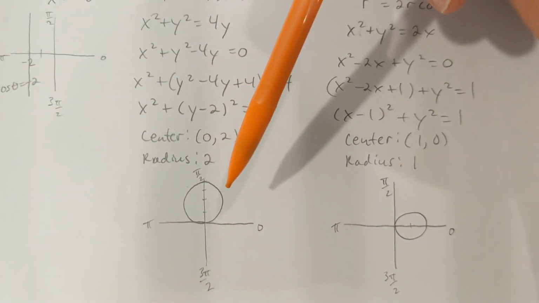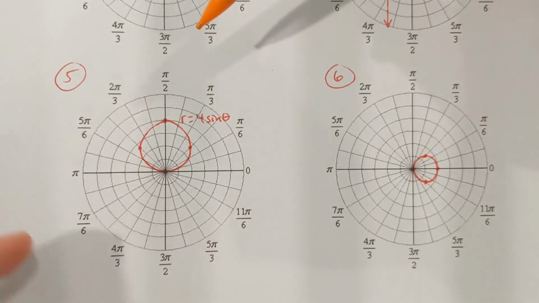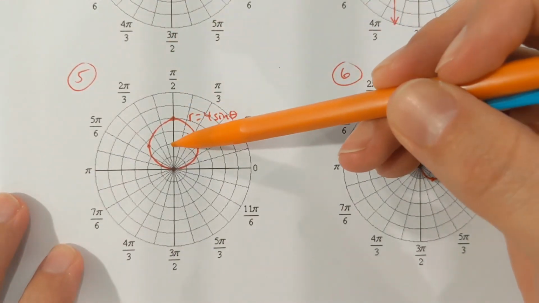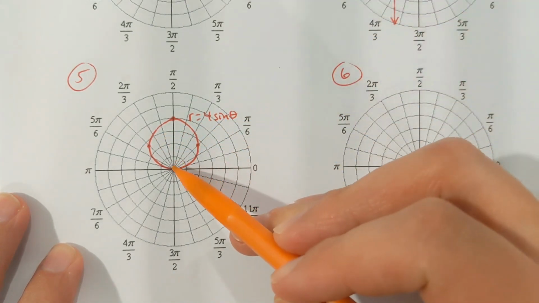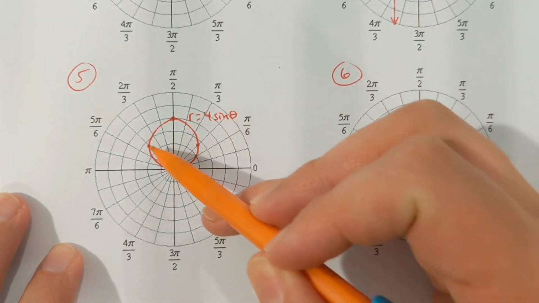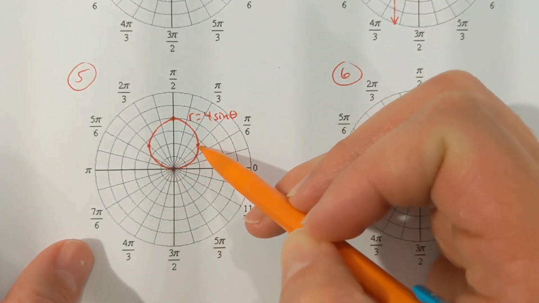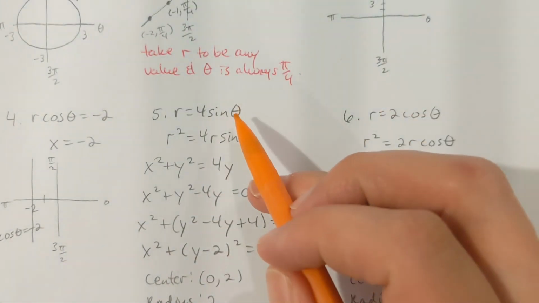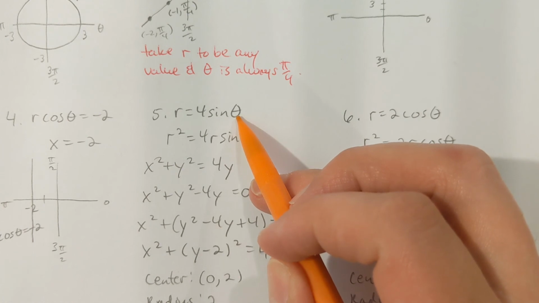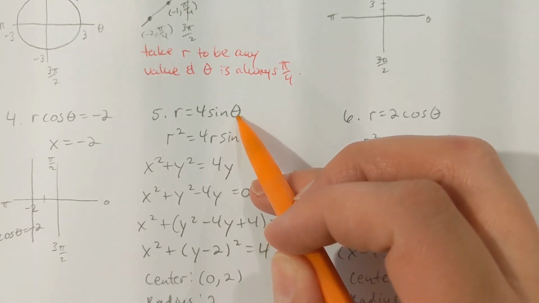Okay. By the way, because we don't have a rectangular grid, we've got a polar grid here, going 2 units to the left and to the right may be difficult to see, but actually you're going to be on the pi over 4 axis and the 3 pi over 4 axis. So to figure out where to locate that point, all I would do is let theta be pi over 4 and then let theta be 3 pi over 4. Sine of pi over 4 is 1 over root 2.